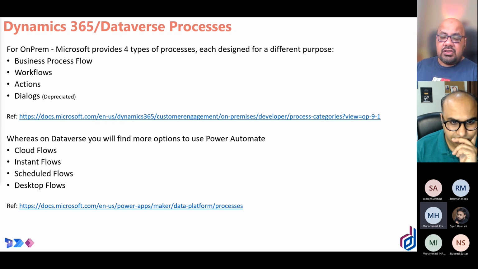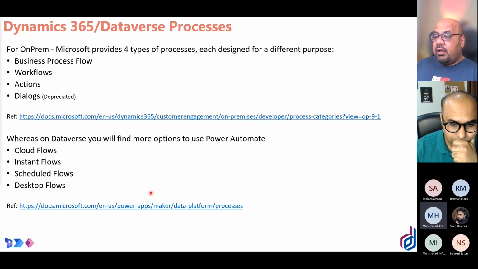Third is action, and the dialogue. Dialogue is going to be deprecated. It's already deprecated, and Microsoft is suggesting to use either the business process flow or Power Automate to achieve the objectives. But eventually, we have four types, or you can say three types, for the on-prem.